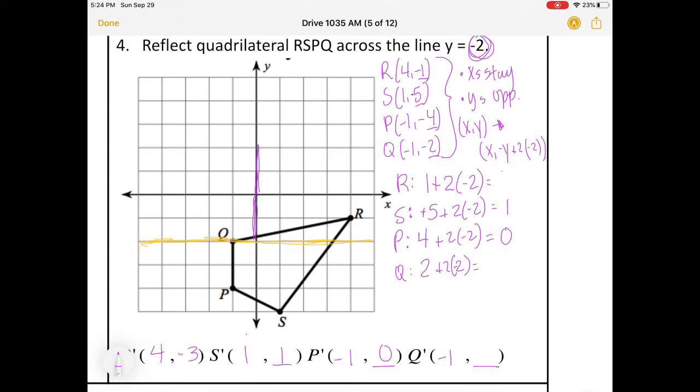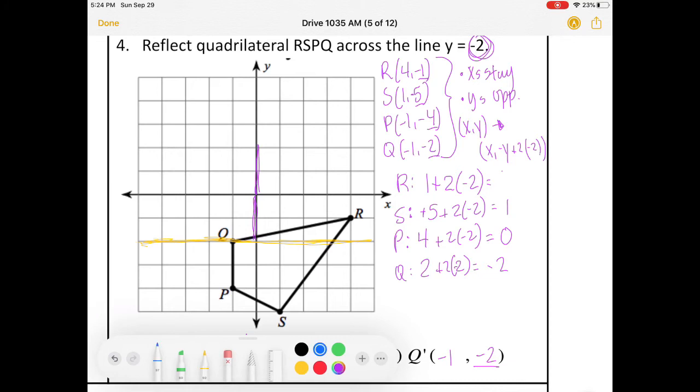So that's going to give us negative 2 for the y value. Okay, so we have our 4 points. Last step is always to redraw. So let's check that. So R is 4, negative 3. 1, 2, 3.